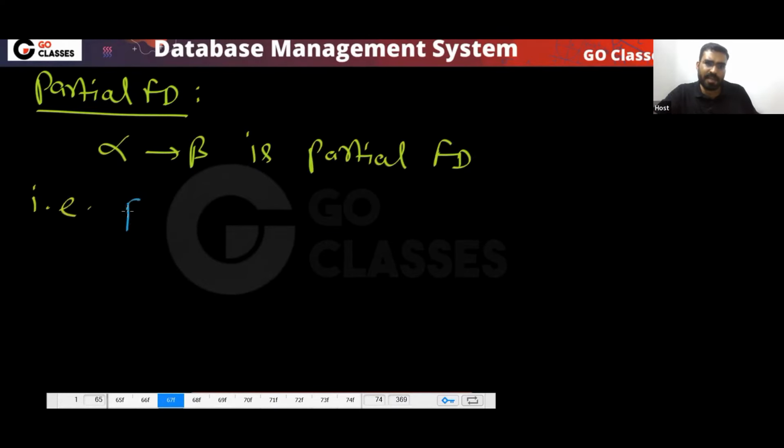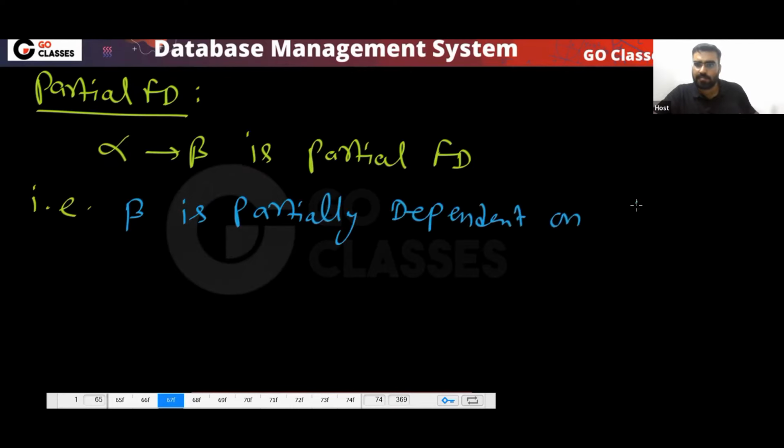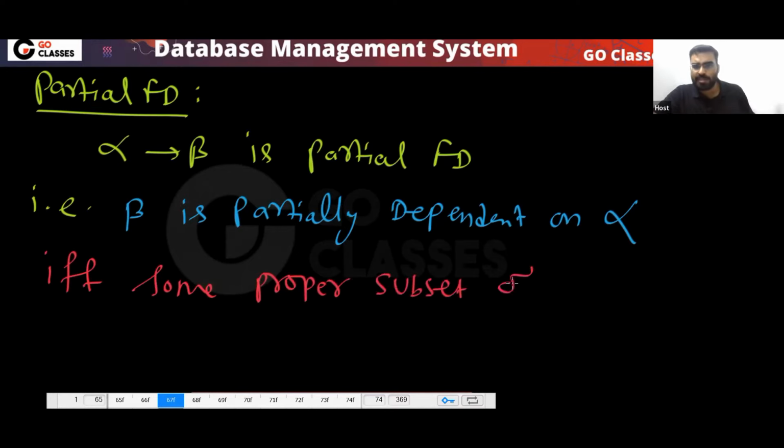It means beta is partially dependent on alpha if and only if some proper subset of alpha can itself determine beta.